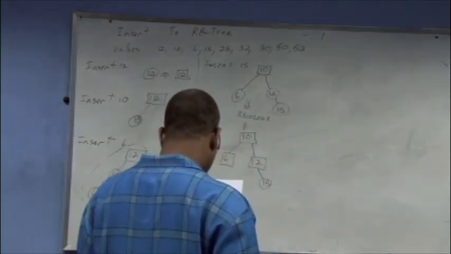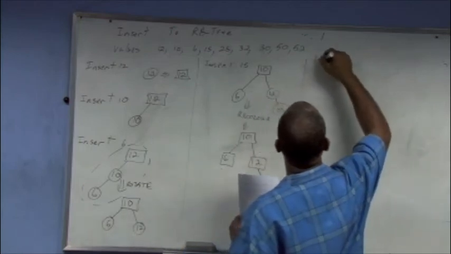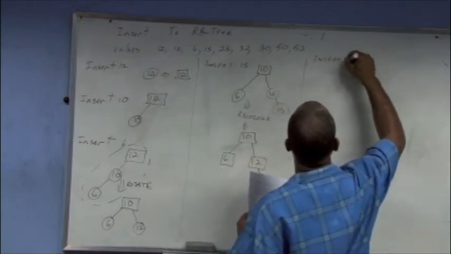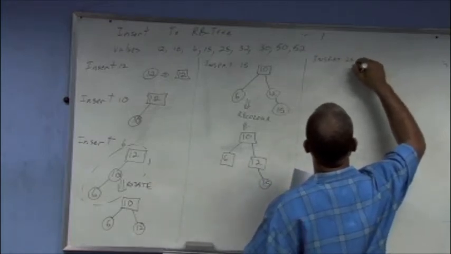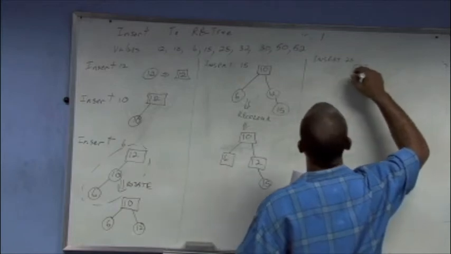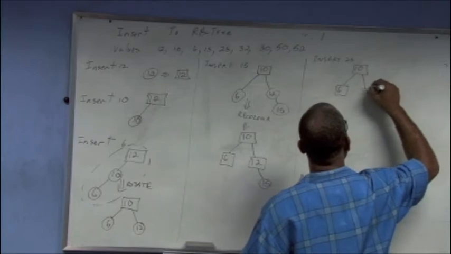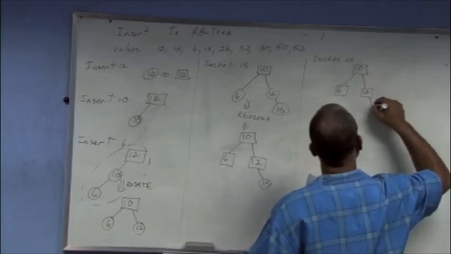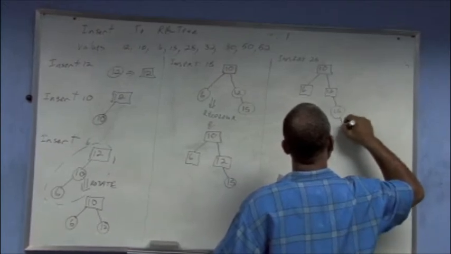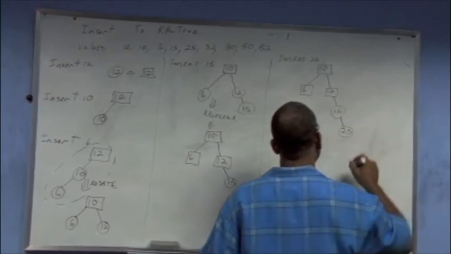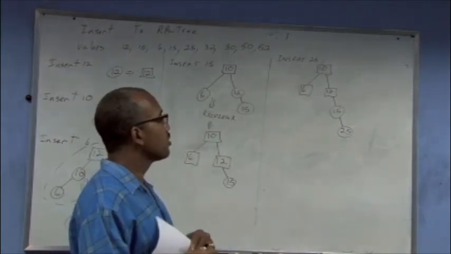Then we're going to insert 25. We follow binary search tree rules when we're tagging on the new node.